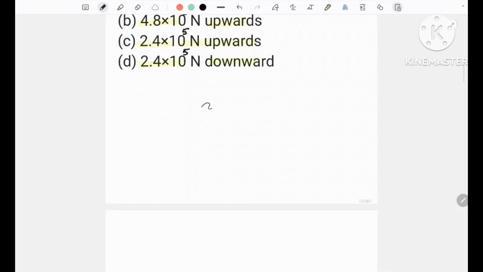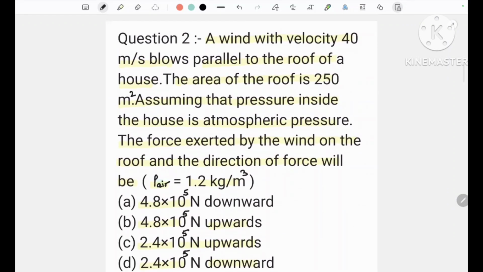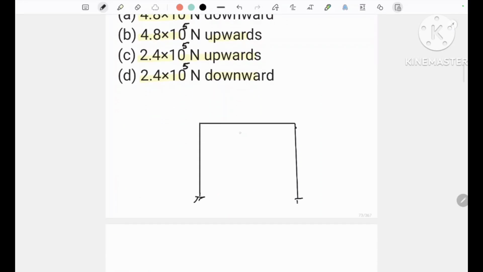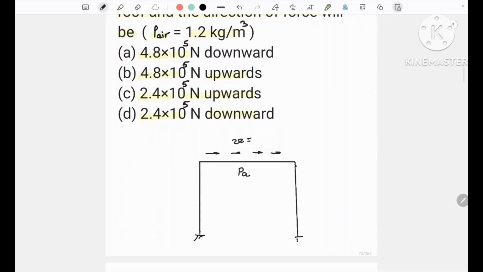एक हाउस, this is roof. Thickness of roof is negligible. तो inside pressure is atmospheric pressure PA और यहाँ पर upward direction में wind is blowing with velocity v, 40 meter per second.